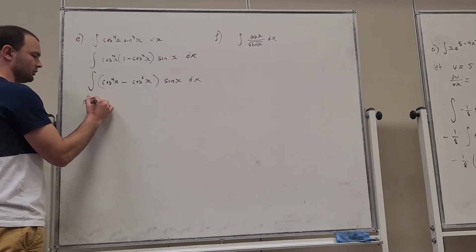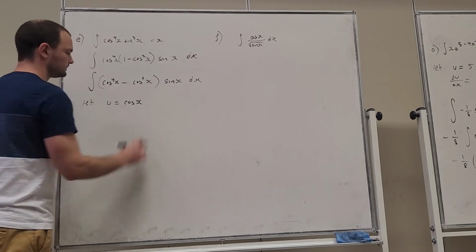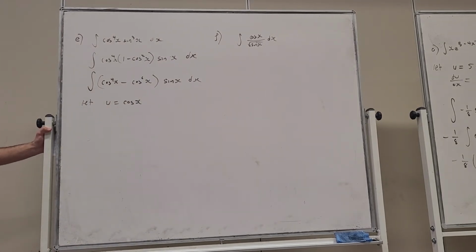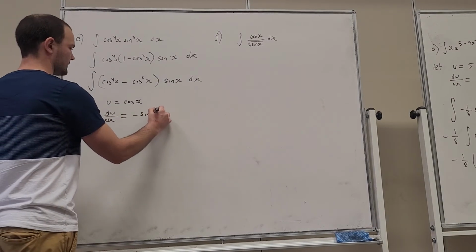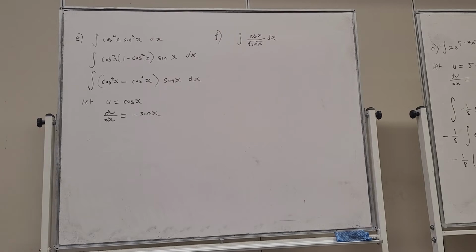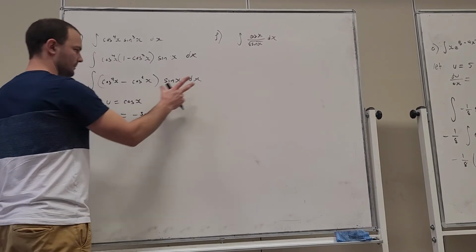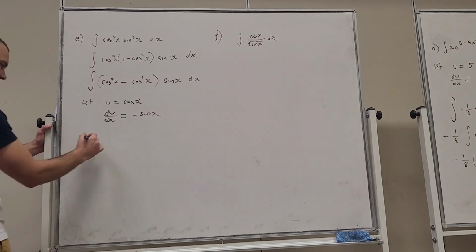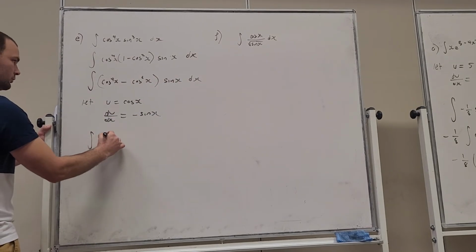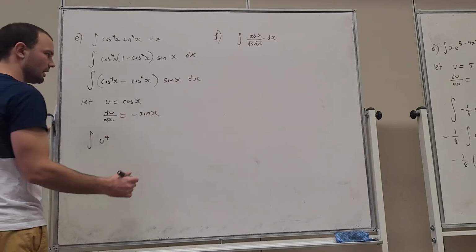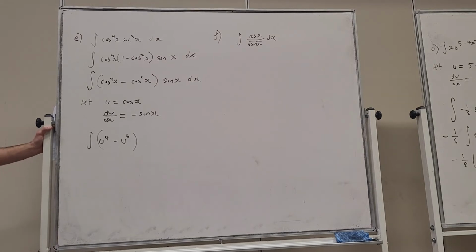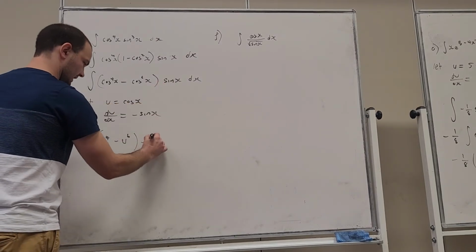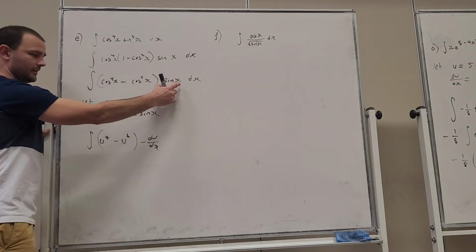Alright, now we can let u be cos of x, and so du on dx will be negative sine of x. Now if we want to write this integral in terms of u, it's going to be the integral of u to the 4, take u to the 6, and then over here we've got negative du on dx, positive sine of x.